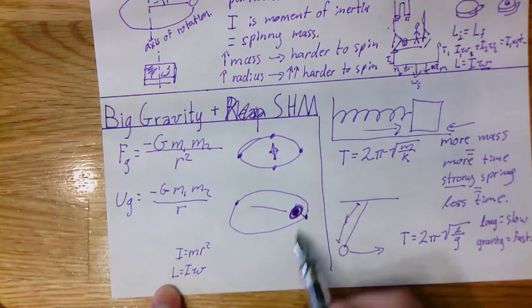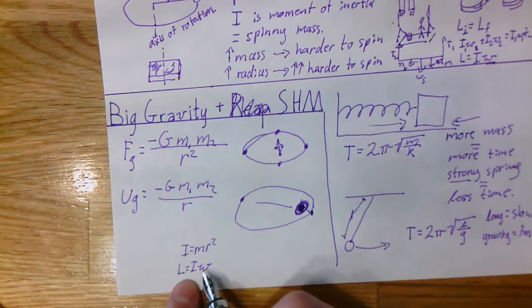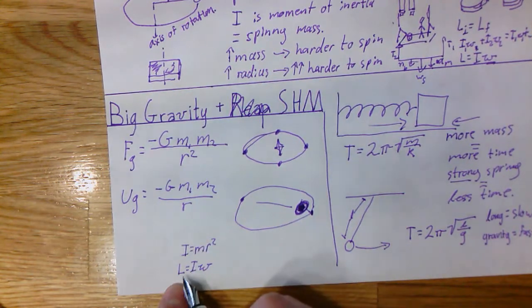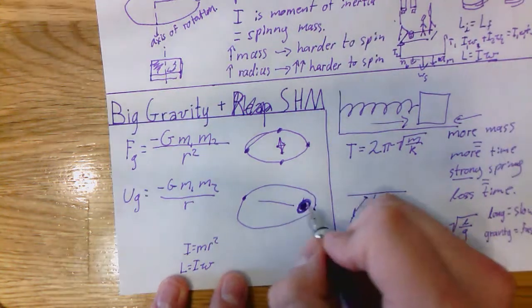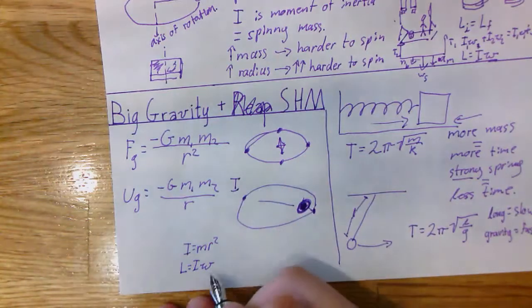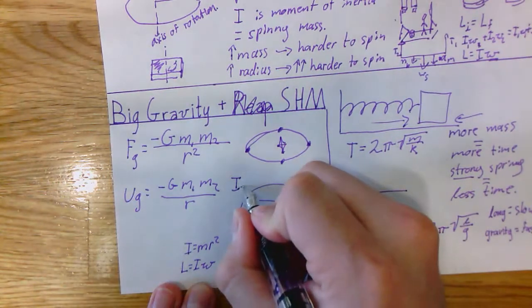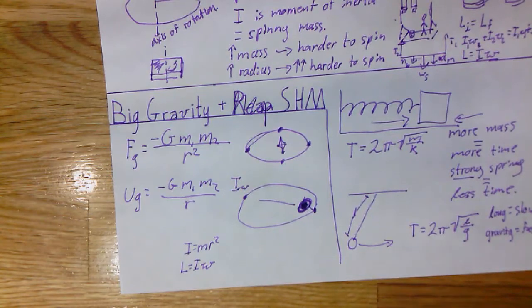So we know, because this is a closed system, there's just two things in it, and in space there's no other forces to hear you scream. If our moment of inertia goes up, to keep our angular momentum constant, then our rotational velocity has to change. So we said out here, I is big because we're far away. That means omega has to get small because we want our L to be constant.